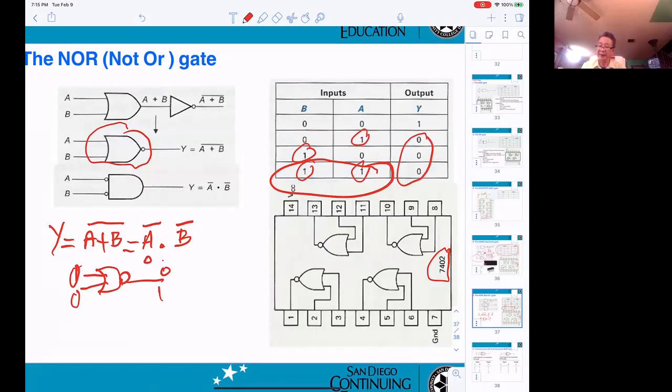To get the output to be 1, A has to be 0, B has to be 0, and if you have a C, then C has to be 0. If all inputs equal 0, the output will be 1. Otherwise, the output will be 0. You can read that for the NOR gate.